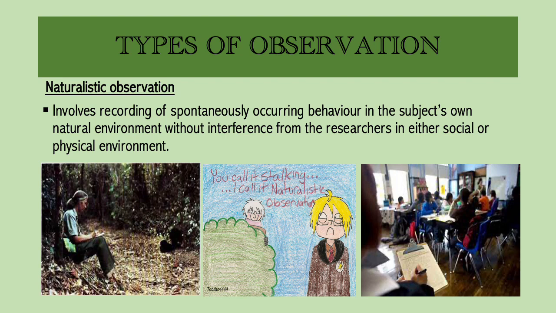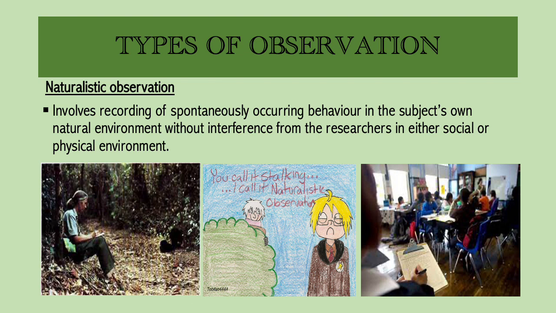Okay, let's go through the definition. It means that it involves recording of spontaneously occurring behavior in the subject's own natural environment without interference from the researcher in either social or physical environment. So it's still the same definition. You are recording spontaneous behavior, but in the subject's natural behavior.